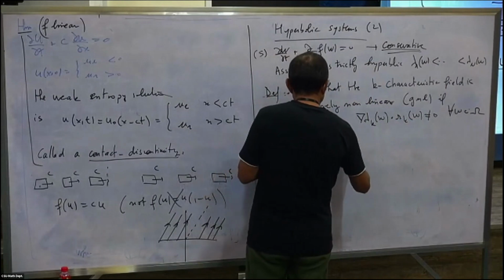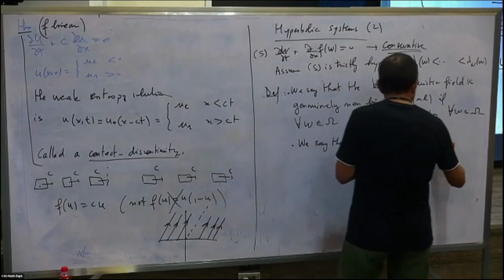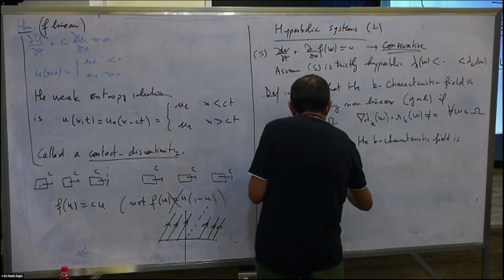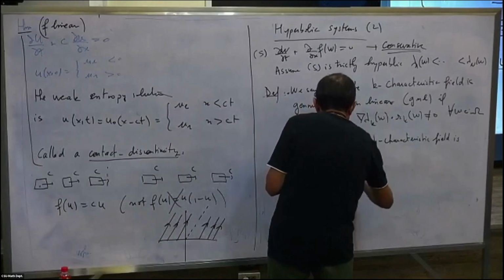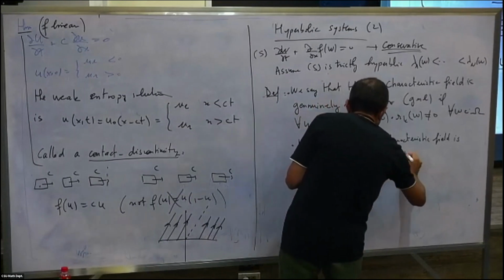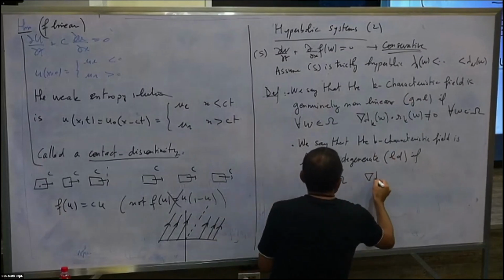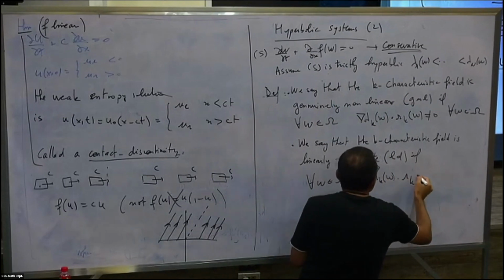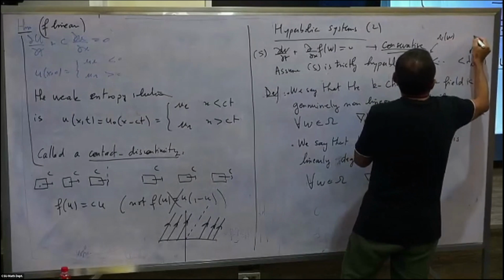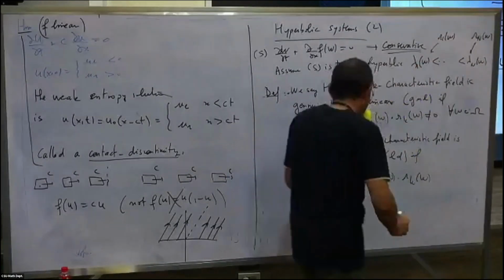And we say that the k-th characteristic field is linearly degenerate, LD, the other extreme, if for all W the gradient of lambda_k in the direction of r_k, remember this is the eigenvector, is 0.